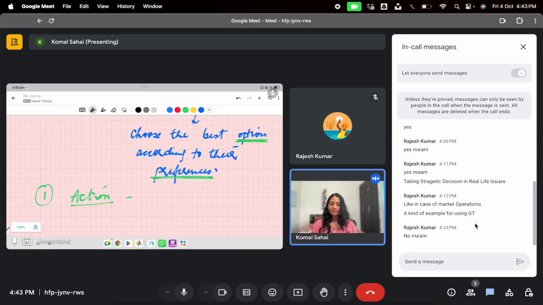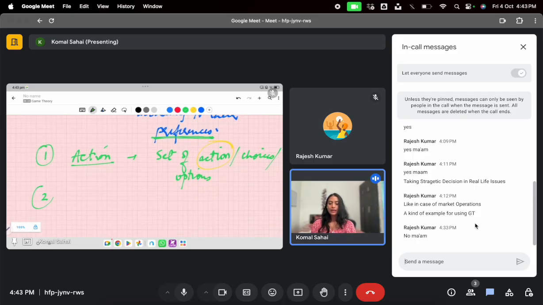So individuals have a set of actions, which are also, you can say, choices or options. In game theory we will generally call them actions, right? At any given time, whatever is available to you may be a subset of the full action set. Suppose you can choose between 0 and 100 apples, but depending on your budget you can choose only a subset, between 0 and 50. So you may have a subset of the full set that may be available to you at a given point in time.